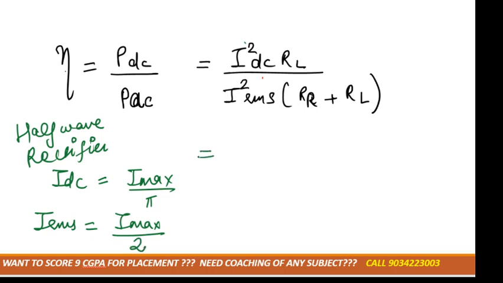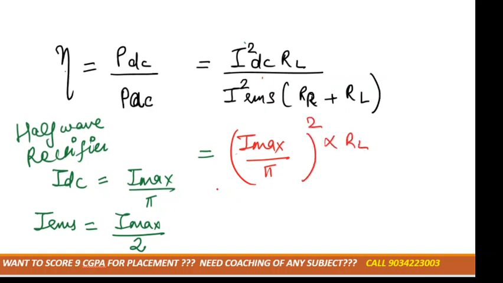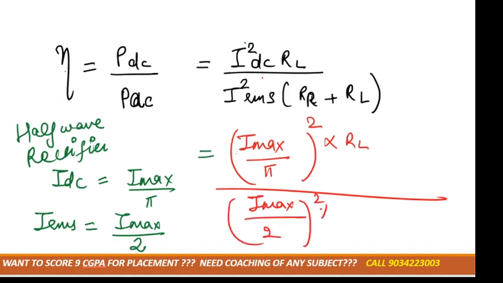So can we put down the values here of IDC and IRMS? That would be Imax by pi whole square multiplied by RL divided by Imax by 2 whole square into RF plus RL, right? So if we'll solve it, Imax would be cancelled out.